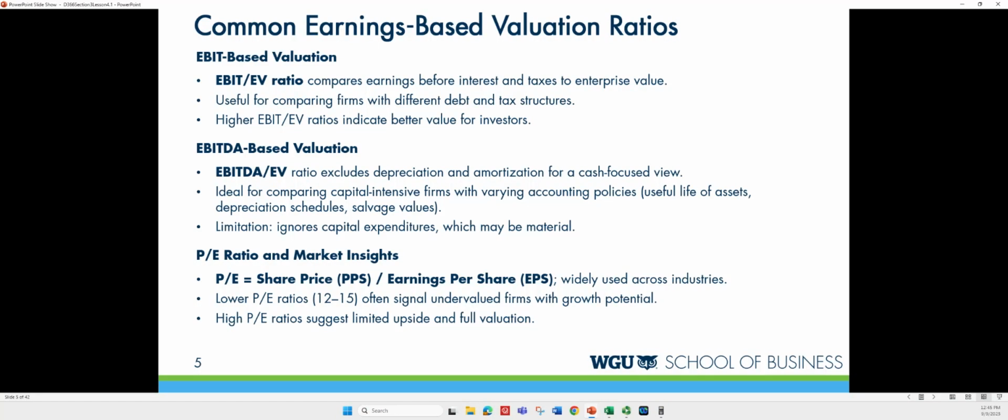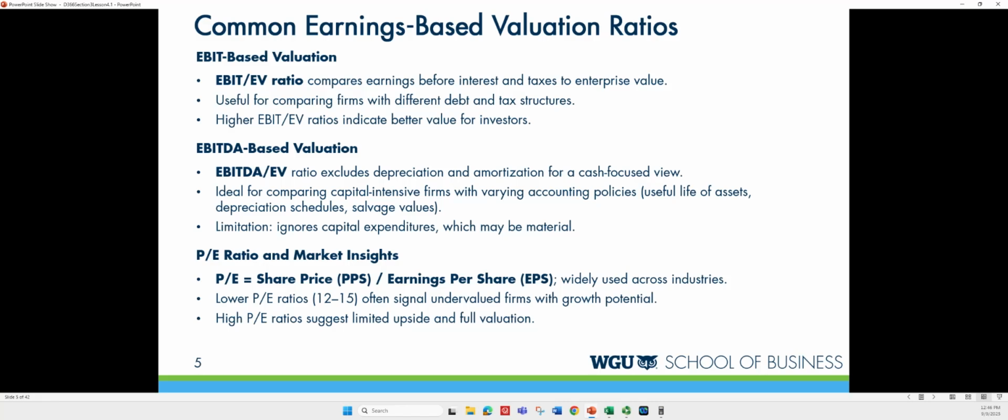The next form of valuation ratio we have is the EBITDA-based valuation. And so EBITDA is earnings before interest, taxes, depreciation, and amortization, divided by our enterprise value. So this ratio is going to exclude the impact of depreciation and amortization, so it focuses mainly on the cash the firm generates.